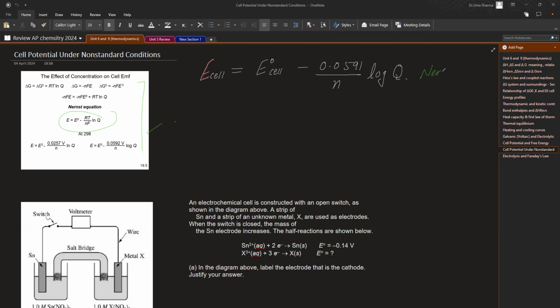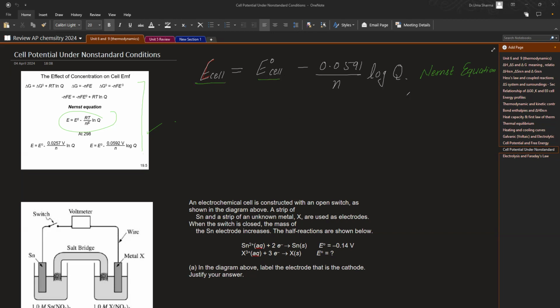Now in the AP exam, you're going to calculate E cell for non-standard condition by using this equation. But they say that there will be no question in which they will ask you to do calculation. Calculations will not be needed. So we are going to predict the sign of E cell, compare E cell with E naught cell.